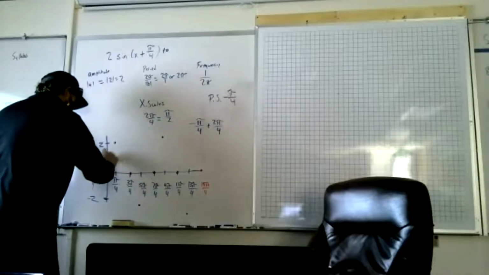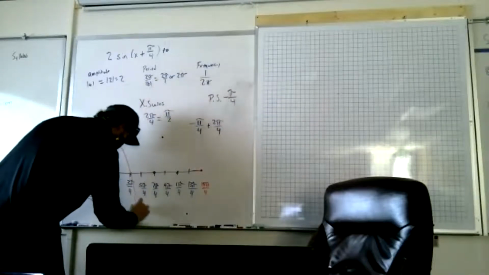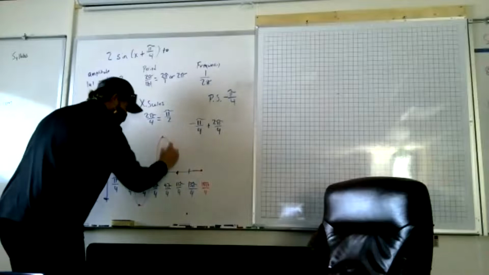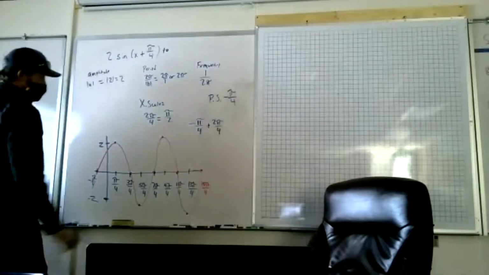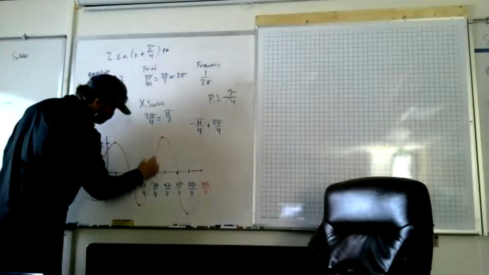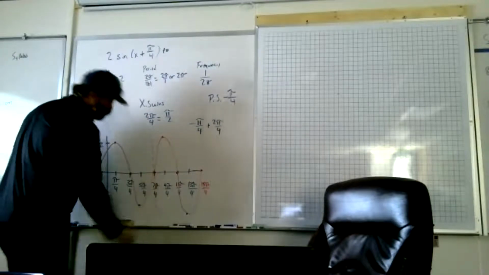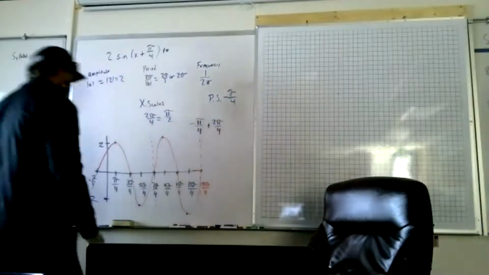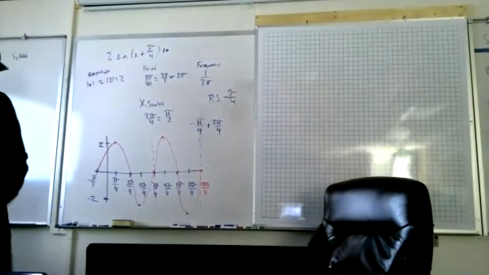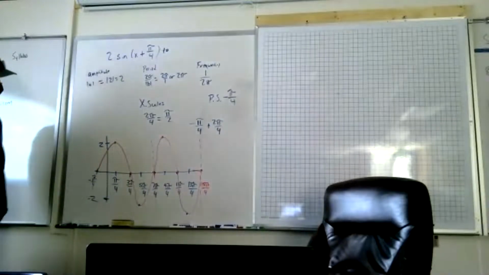Finish it off with a gentle curve. Like such. And just remember that our period is there, and there. So it started at negative pi fourths.